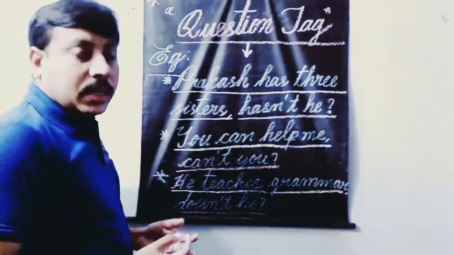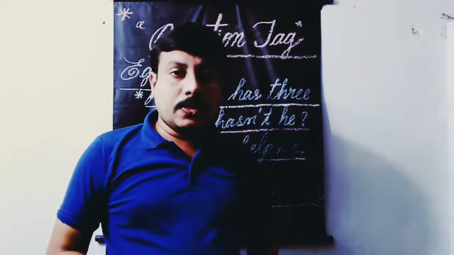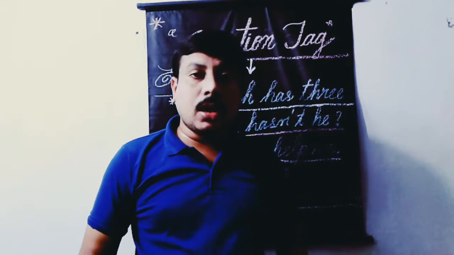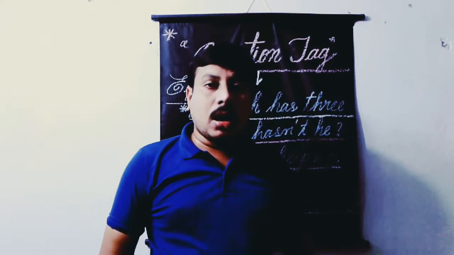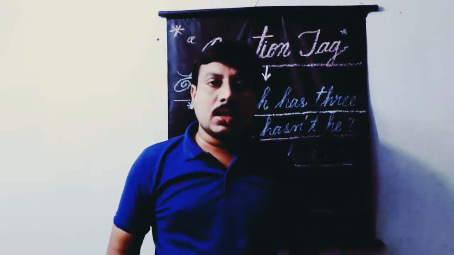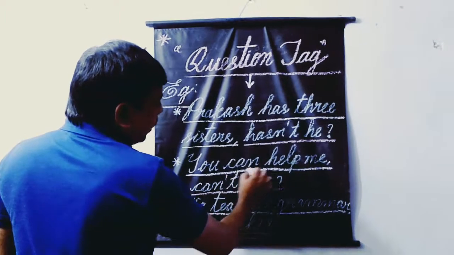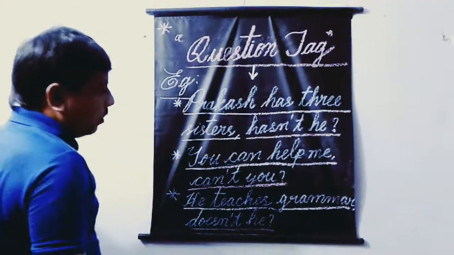Here, auxiliary verbs or helping verbs. Already we have known regarding auxiliary verbs or helping verbs. There are 24 auxiliary verbs or helping verbs. These auxiliary or helping verbs are also called anomalous finite verbs. Here we can find the anomalous finite verb can.